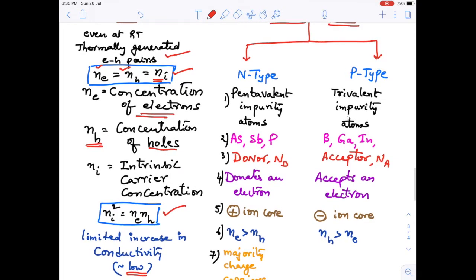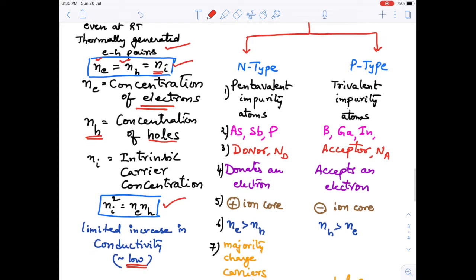Let us see some key parameters here. These are two different types, N-type and P-type. In N-type, you will be adding pentavalent impurity atoms, which means they will have 5 valence electrons.